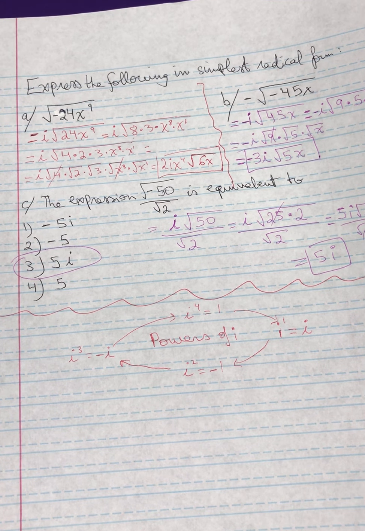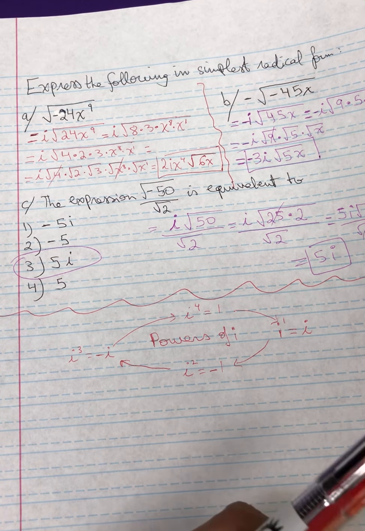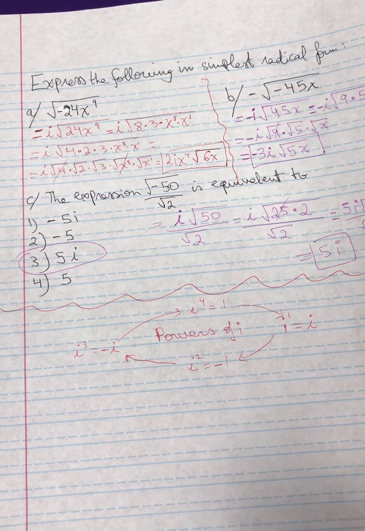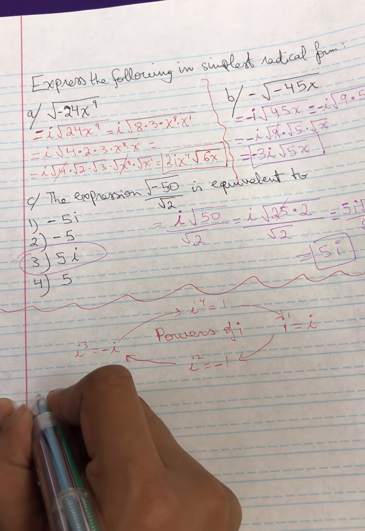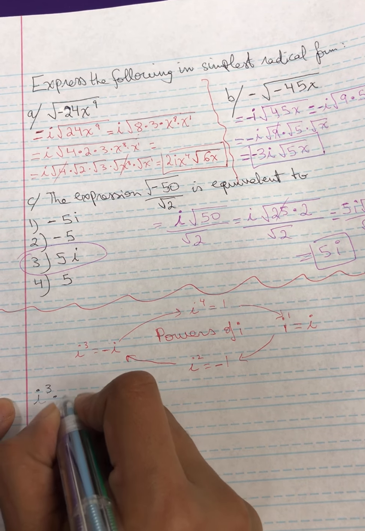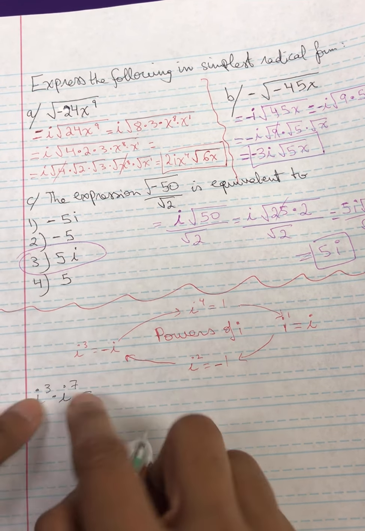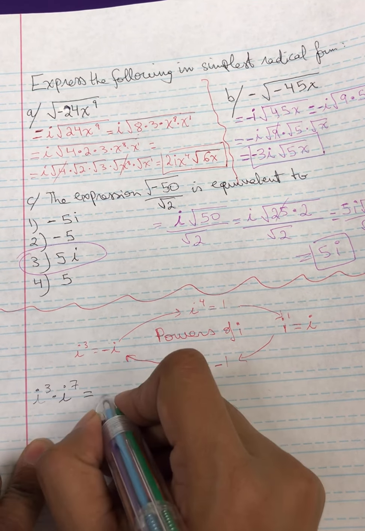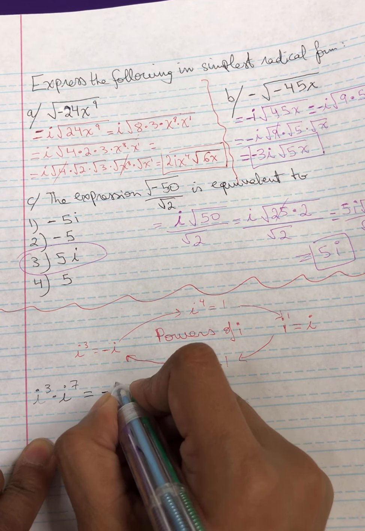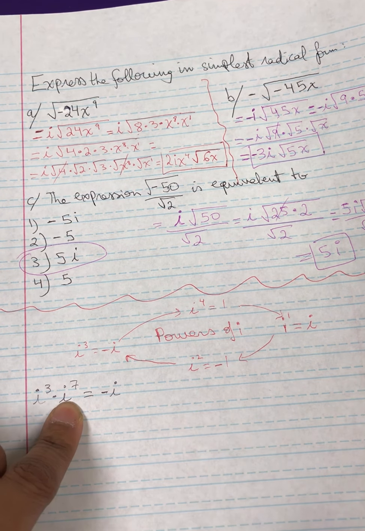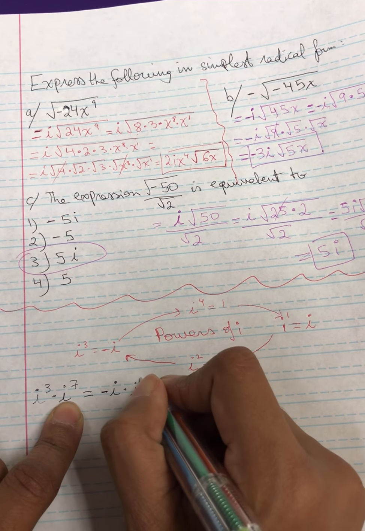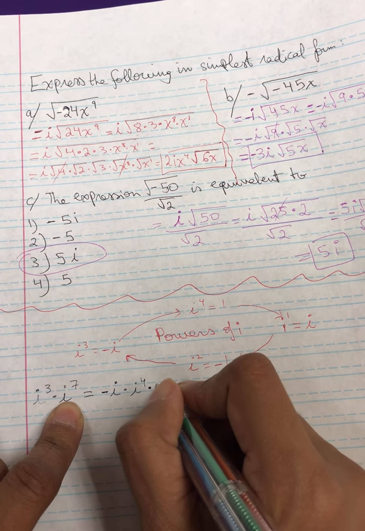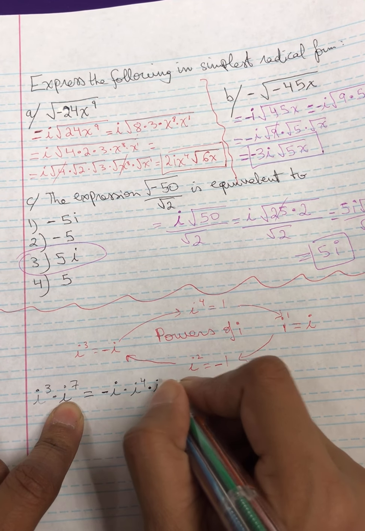Okay. Now, if I'm being asked to find the product of i cubed times i to the 7, well, I'm going to just substitute in. i cubed is negative i, and i to the 7, let's break it down. Can I break it down as i to the fourth times i cubed?